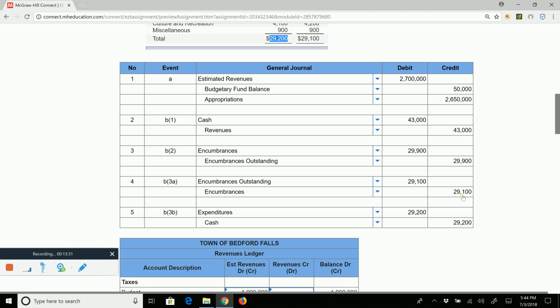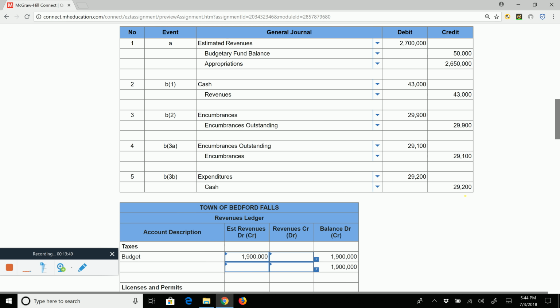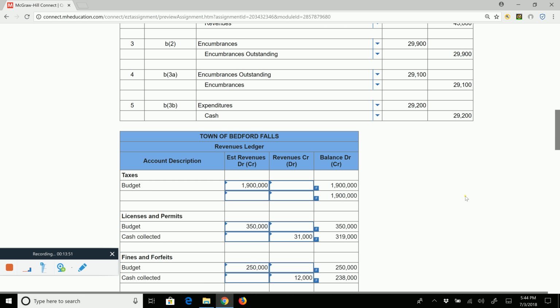And literally at the same time, right after that encumbrance is reversed, we immediately replace it with the actual expenditure. Debit expenditures, credit cash. Do you see that the expenditure is $100 more than the encumbrance? Sometimes that happens.